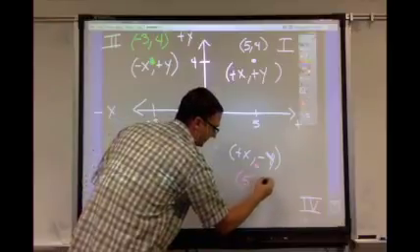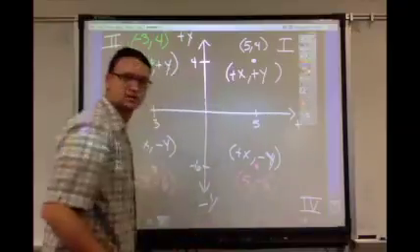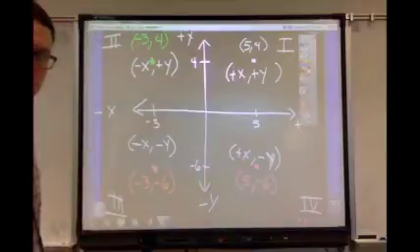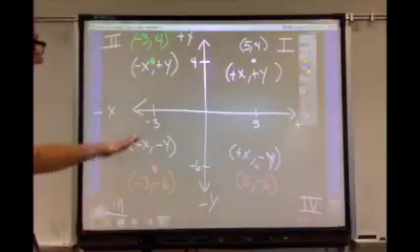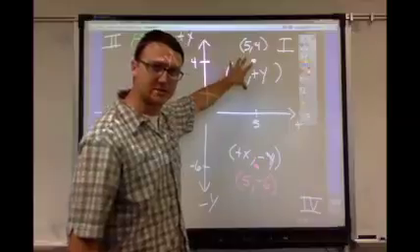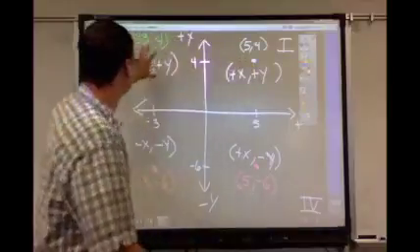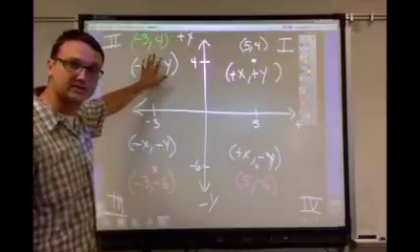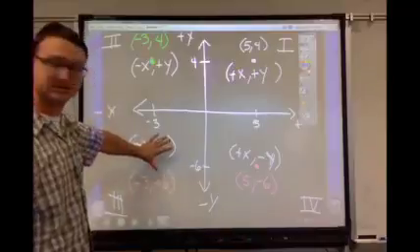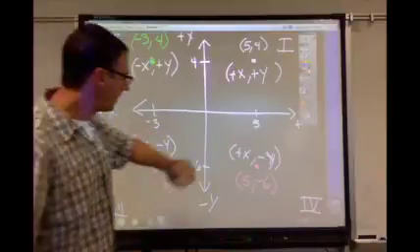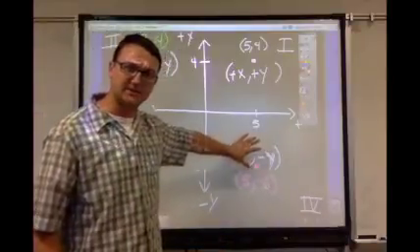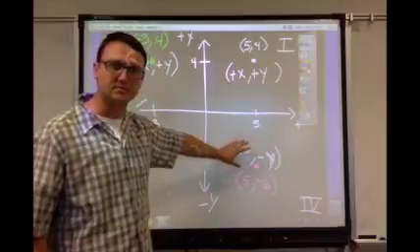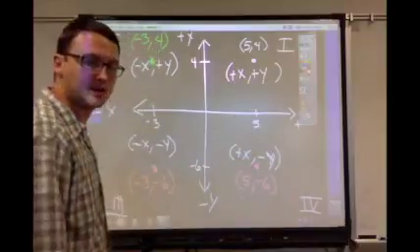So all these points are noticed on the graph. So we've done some plotting points here. Just know that this is negative x values over here, positive y still. Down here is negative x and negative y. Over here would be your positive x's and negative y values. So when you plot your points, you can do that.